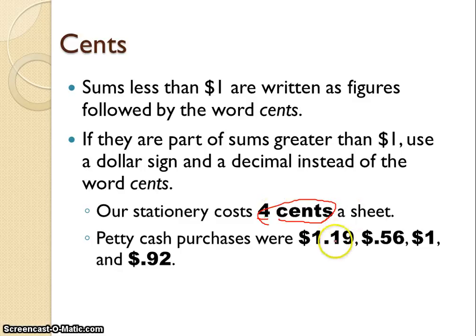Now, since we have a series of numbers, instead of this one being 56 cents written this way, that would look awkward. So in this instance, we use the dollar sign, the decimal, and then put 56 cents. Same way here. Since we have other numbers that are represented the other way, these are called like numbers. We format them the same way.